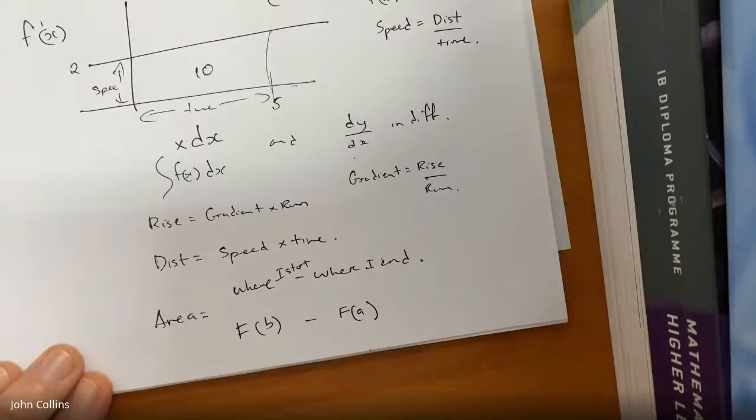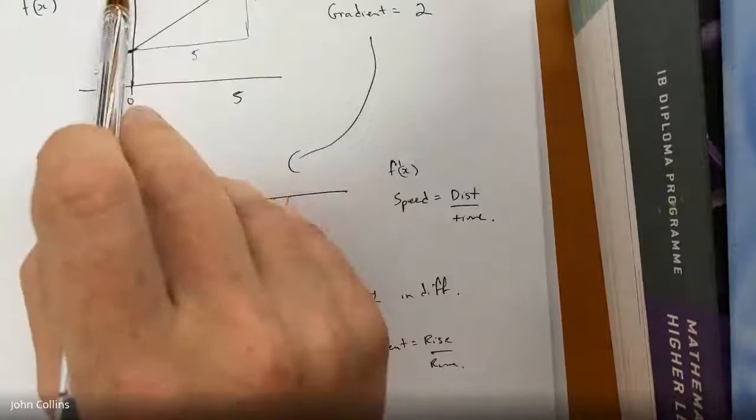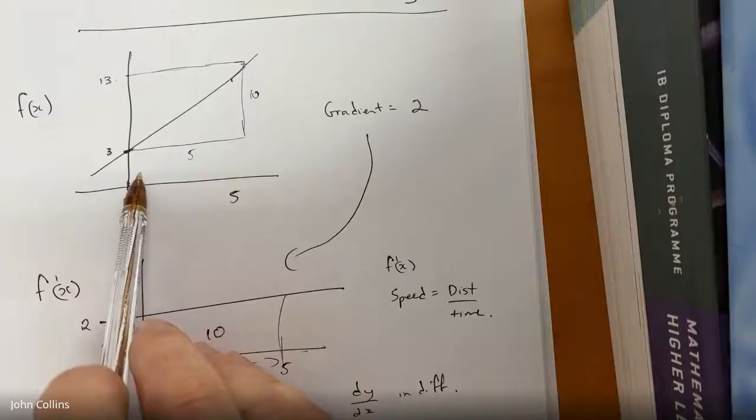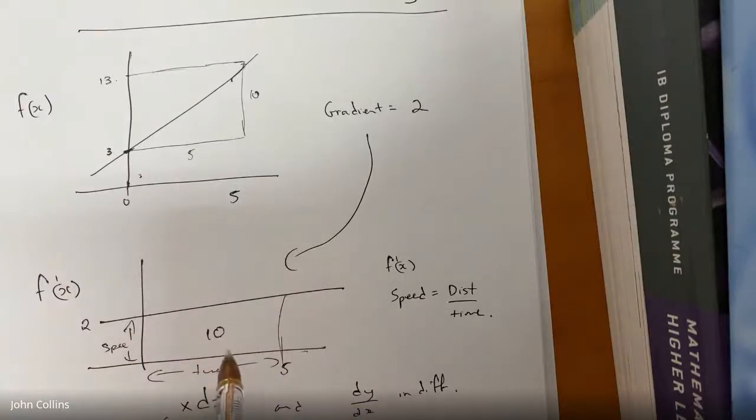Because where did the 10 come from? The 10 came from 13 minus 3. It's the change here, 13 minus 3. That's where the 10 came from.